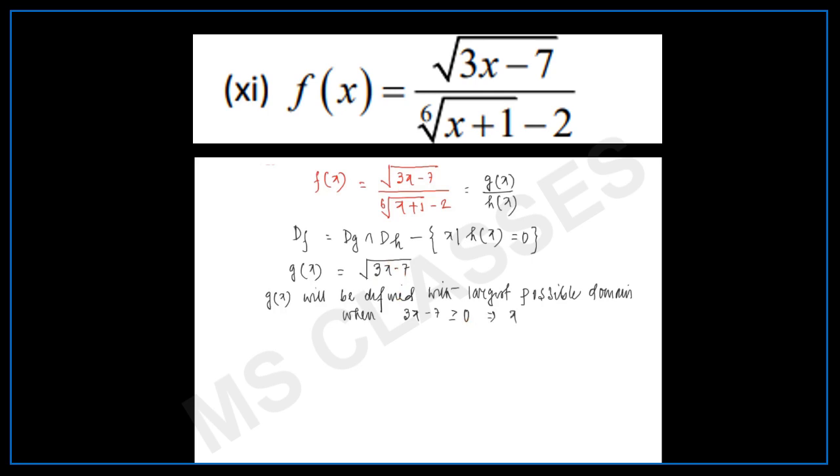And this gives x greater than or equal to 7 by 3. Here we can say the domain of g is [7/3, infinity).